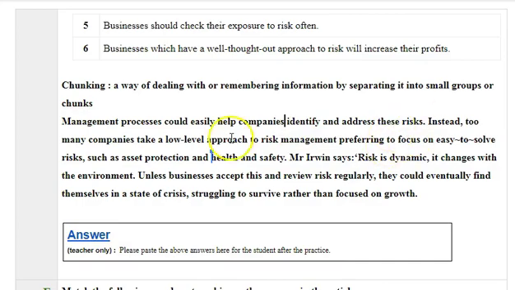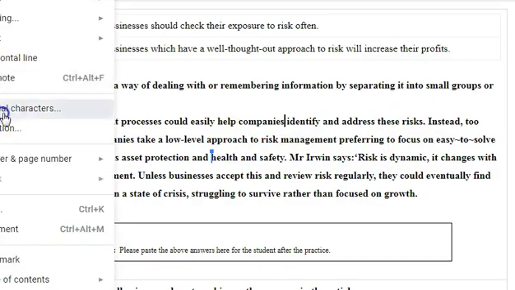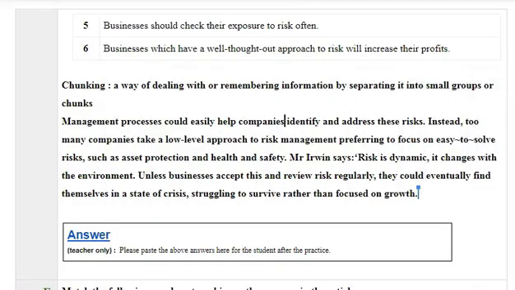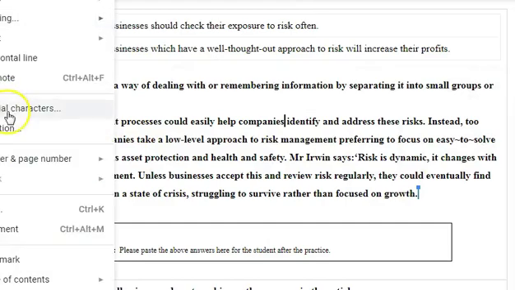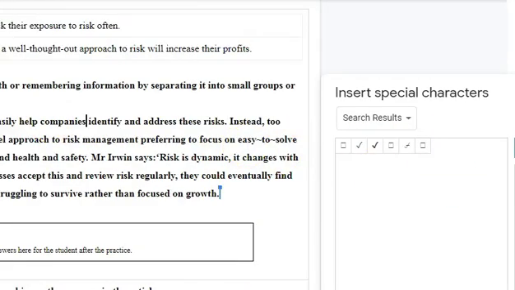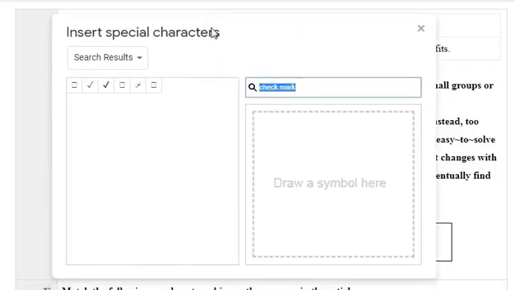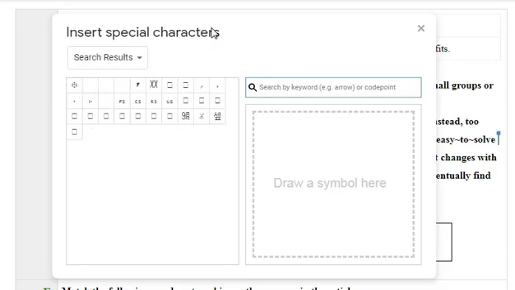Okay, let me just insert. Where is that? Oh, here. Okay. Let me just close it.